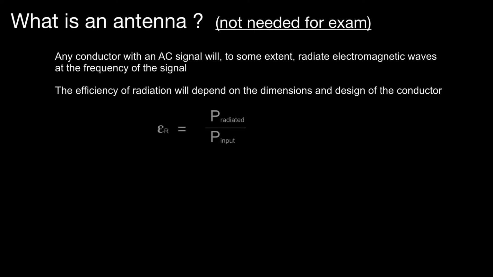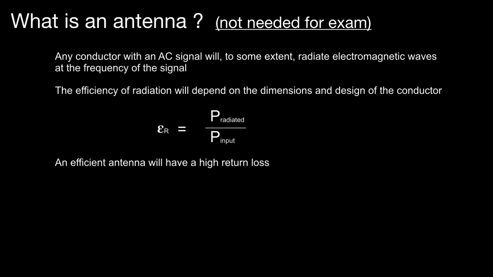Now, here's an equation. We don't need to know it. It just says, and it's fairly obvious, that the efficiency of an antenna is how much is radiated over how much is input. So if, for example, 9/10 of what you put in was radiated, then the efficiency would be 9/10, 0.9, or as a percentage, 90%.